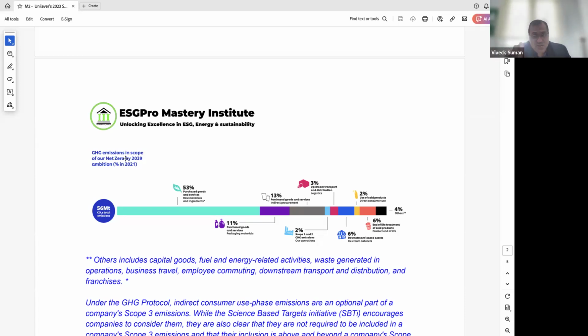And there is a category under Scope 3. He's not asking just by his whims and fancy, and ESG Pro Mastery Institute has given him a tool and technique. He's asking because under the GHG Protocol Scope 3, there is a requirement under category 14 where he has to talk to the customer aspect. And that aspect cannot be fulfilled without seeing that document. That's how, Manish, you will know.